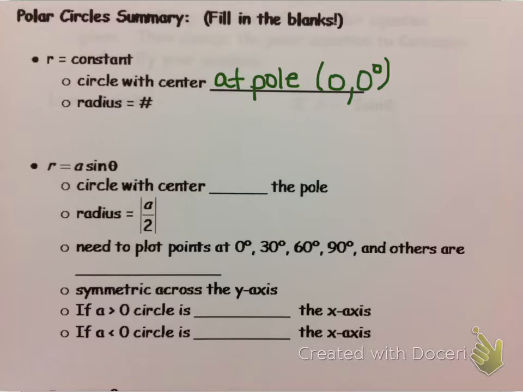And whatever that number was your radius. Remember that the negative number doesn't matter. It doesn't mean that your radius is negative. It just means that when you're plotting the points, you're headed the opposite direction from your angles to plot those points, but your radius still ends up being whatever that constant number is.